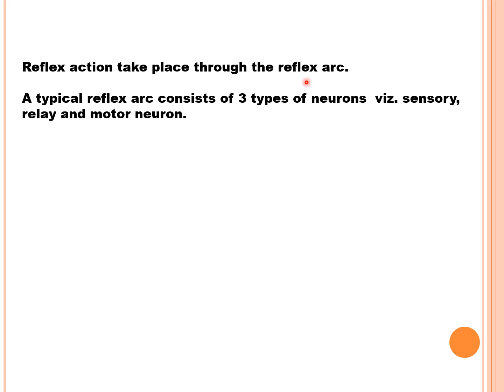Reflex action takes place through a reflex arc. A typical reflex arc consists of three types of neurons: the sensory neuron, the relay neuron, and the motor neuron.